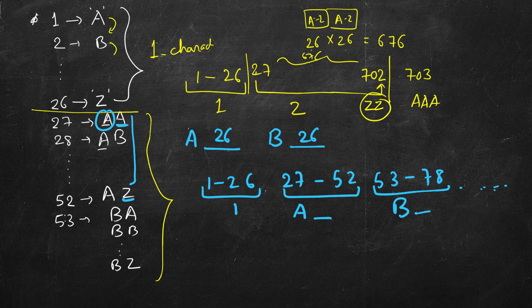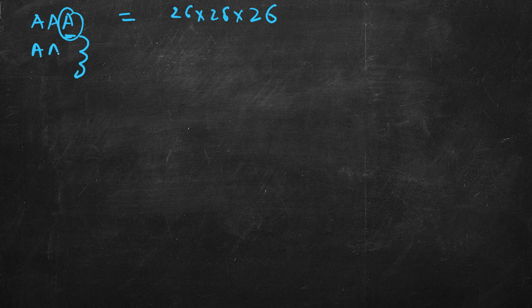Similarly, let's say we have 3 characters. Then the number of possible combinations is 26 cross 26 cross 26, and the last character will change after every value. So A, B, C, D, so it will be AAA, then AAB, so it changes after every number. The second character changes after 26 numbers.